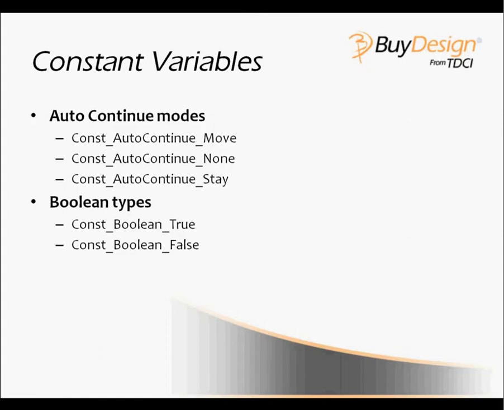Meaning that when the user makes a selection on a screen, do my rules automatically fire? If you look at the rules, it appears to be a black and white value. Either I do nothing, or I'm going to move, and if I move, I'm going to do one of two things: stay on the screen I'm currently on, or move to an active screen. Well, the constant variables will allow me through my rules to dynamically set that.